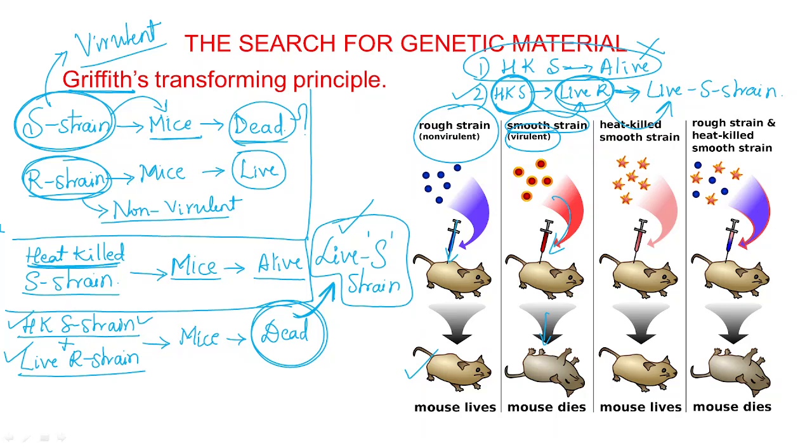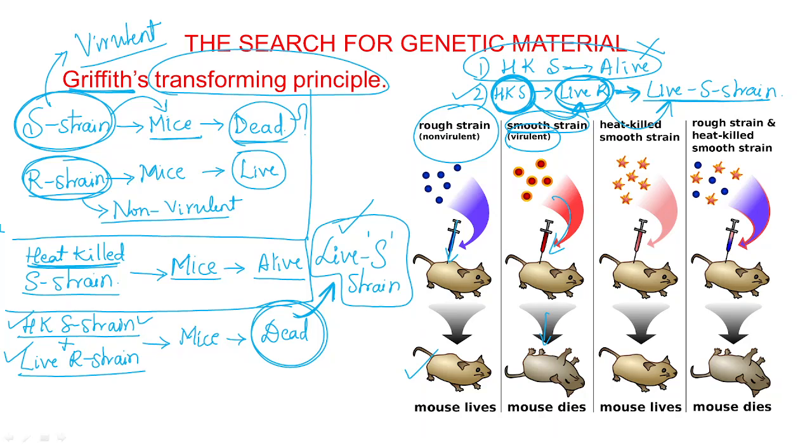But he did not say which molecule is transforming the live R strain into live S strain. What he said is that some transforming principle is there with the heat killed S strain bacteria that is changing the live R strain into live S strain. Clear? And this itself is called Griffith's transforming principle.